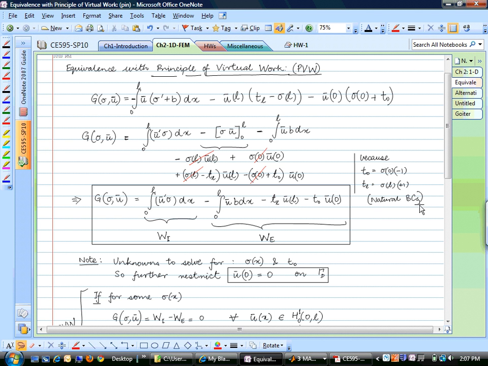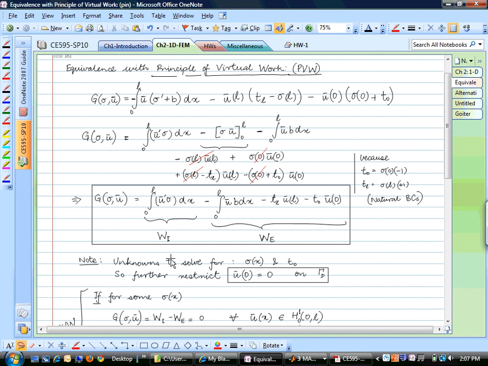That's why these are called natural boundary conditions. And if you take a look at this entire functional, the displacement boundary condition that said u at 0 should be equal to some value, that's not even here. So that's why the other boundary condition that's on displacement is called an essential boundary condition. Okay.